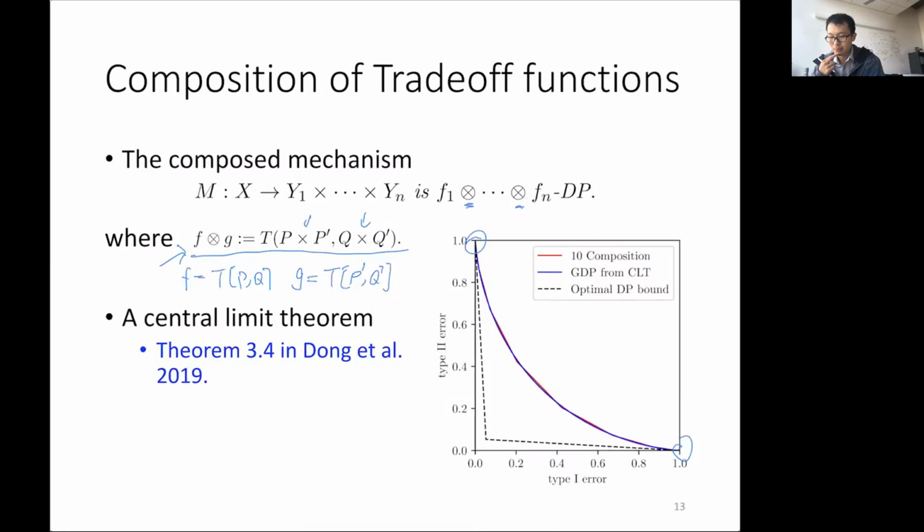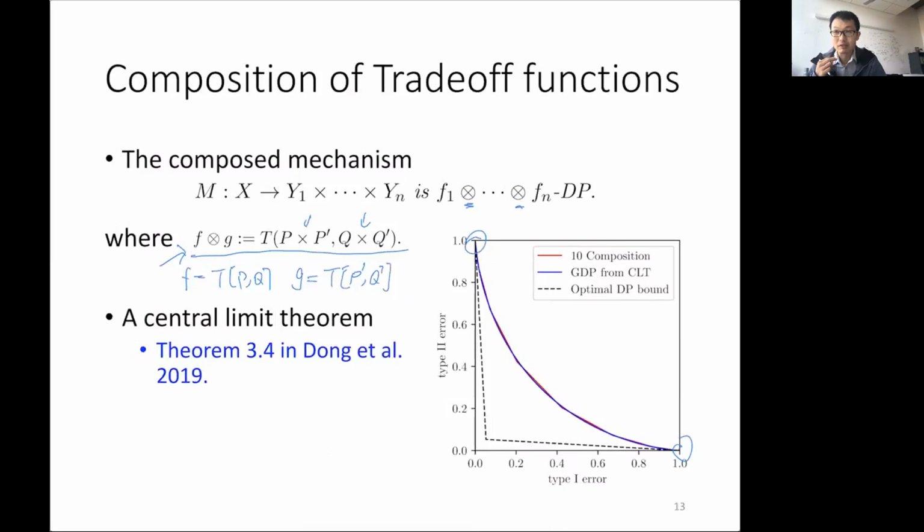This is an important consideration, and it's also partially the reason why the central limit theorem approach doesn't actually solve the entire problem. But by the way, the fact that there is a central limit theorem should be quite intuitive, because we've seen that the composition can be thought of as a summation of almost independent random variables, and we know that the summation of independent random variables converges to a Gaussian distribution in distribution.